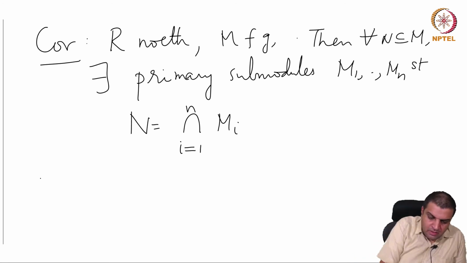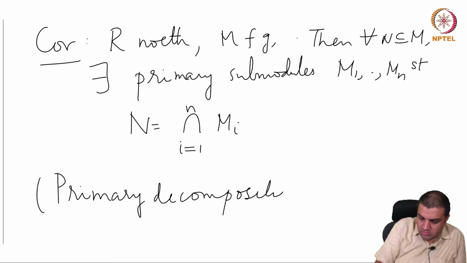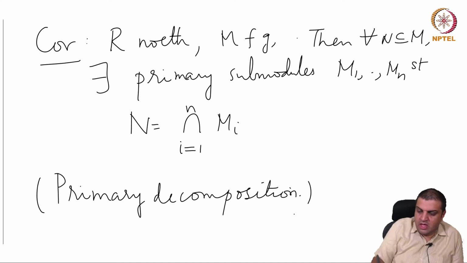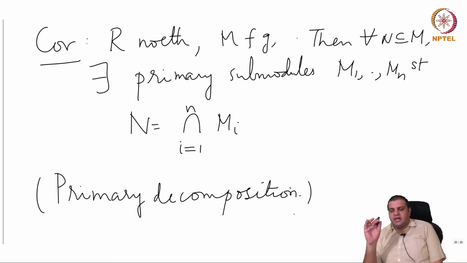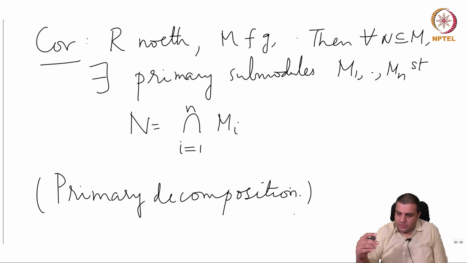This is called primary decomposition. We started from the idea of irreducible decomposition, proving using the Noetherian hypothesis that every ideal or every submodule has an irreducible decomposition, and proved that they are primary. So we still have not explained what primary means, but that will come.